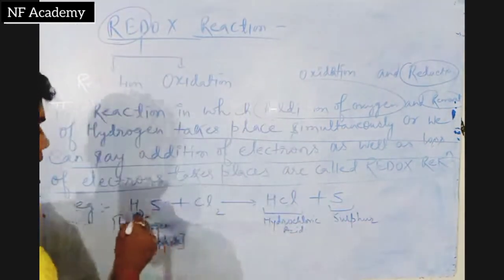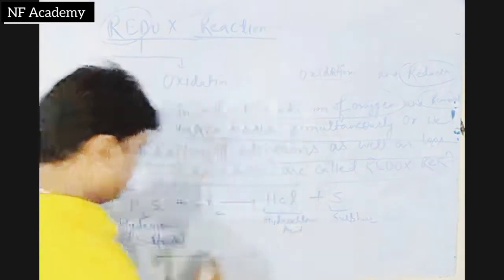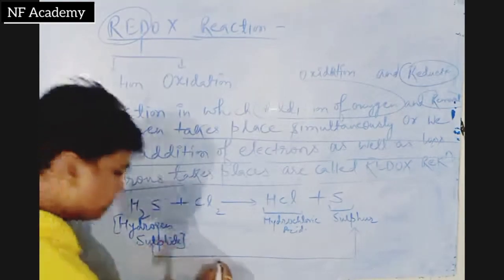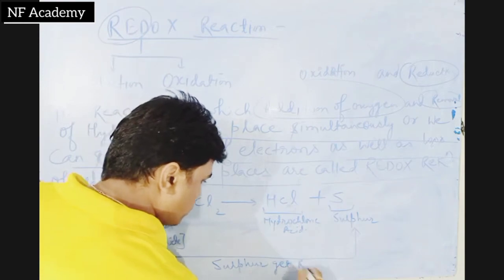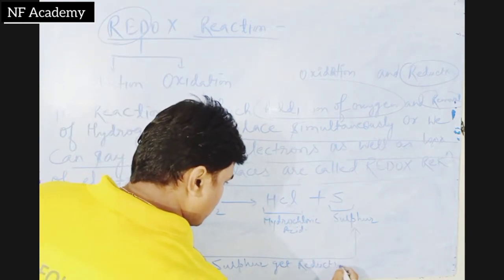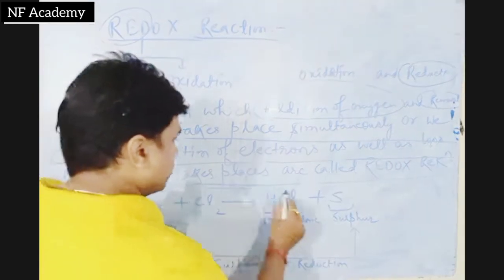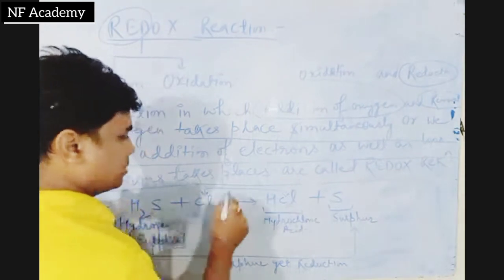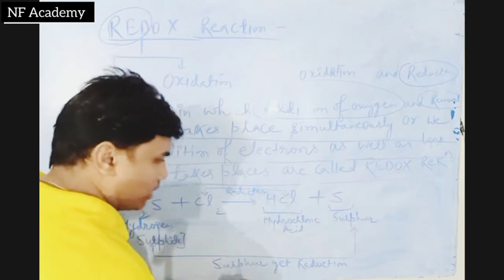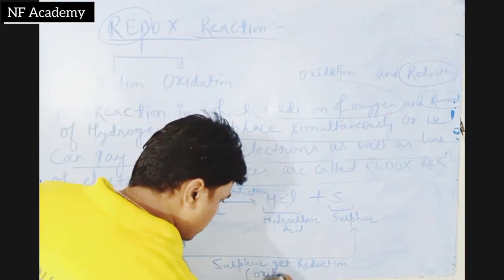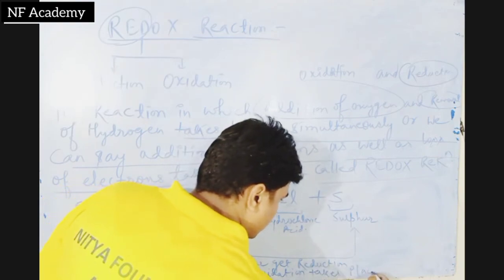So in hydrogen sulfide, the sulfur gets oxidized, as well as there is addition of hydrogen, meaning here reduction takes place, and here oxidation takes place.